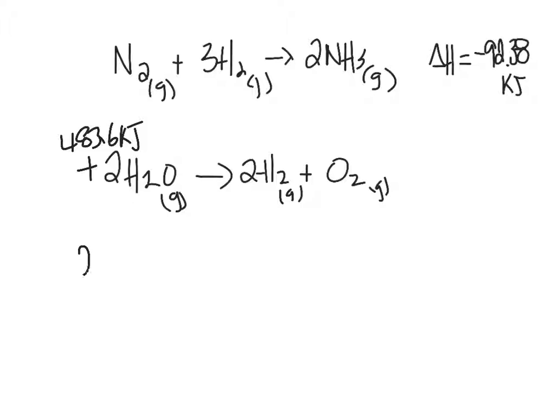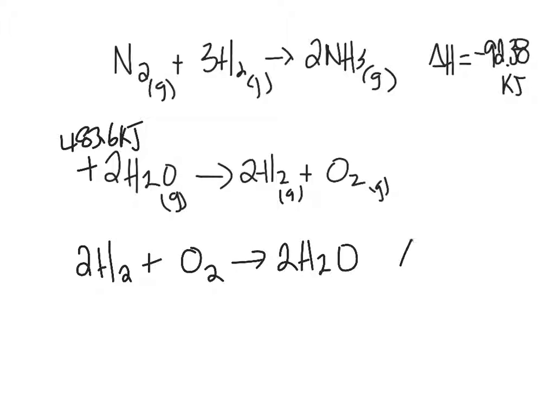You can change this to 2H2 plus O2 goes to 2 H2Os. What do you think you're gonna have to do for your delta H? Times it by 2. So your delta HR for this one would be minus 483.6. Yep.